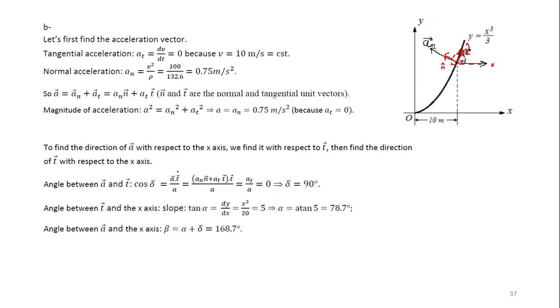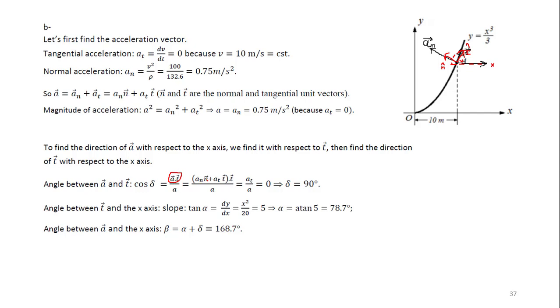Okay, if we write the angle figures in the cosine. The cosine of the angle figures in the expression of the scalar product between A and tau. So if we write the scalar product between A and tau, it's equal to the magnitude of A times the magnitude of tau, which is equal to 1, times cosine of the angle between them.